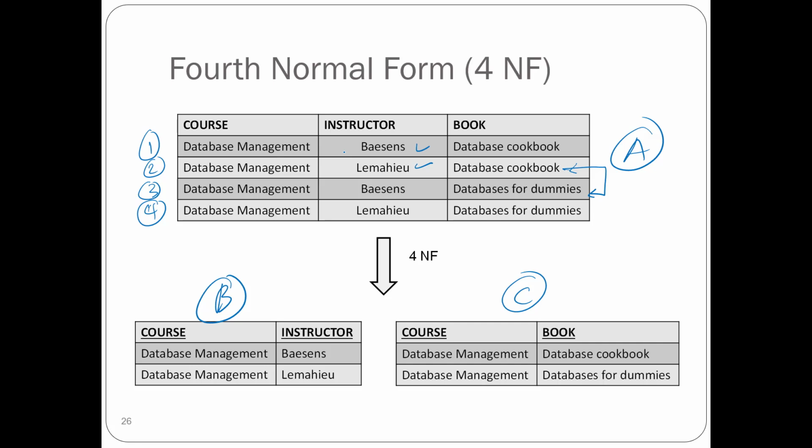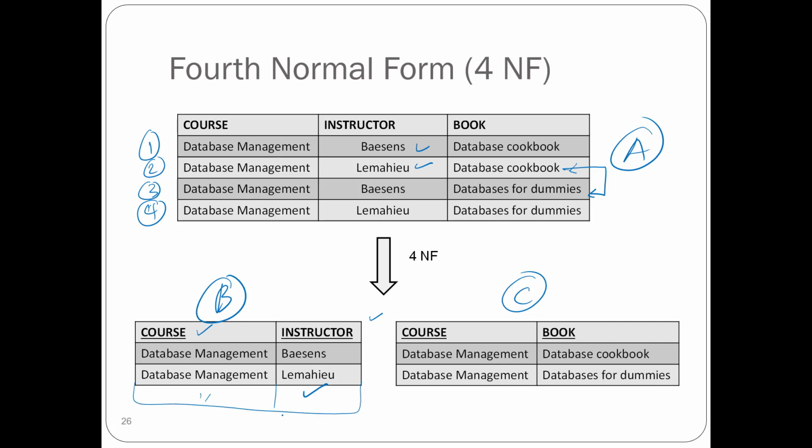So what will happen next? Well, in B, you have the course and the instructor. So database management is taught by two instructors. The course has two textbooks, database cookbook and database for dummies. Now, in this scenario where we have normalized our table to the fourth normal form, our life is a lot easier. Why? Because you can add one more instructor here by doing only one entry.